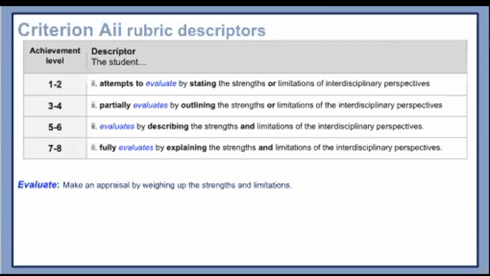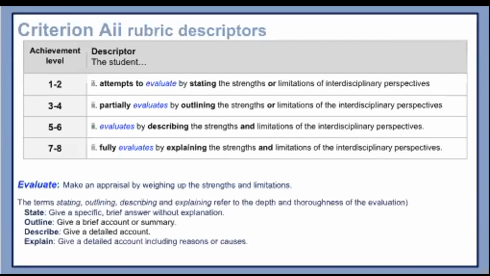So if it was me, I would put strengths and limitations right into the task-specific rubric. That's part of the definition of evaluate. Again, those bold terms, they haven't put the bolding yet in the new guide. I think that's going to be one of the changes.